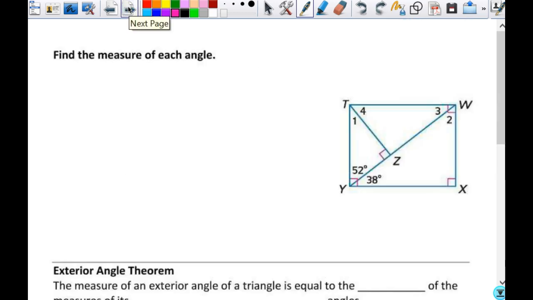And find the measure of each angle here. So, let's see. Could I start with angle 1? I could. We might as well just start with angle 1. Now, is there more than one way to start with angle 1? Yes.